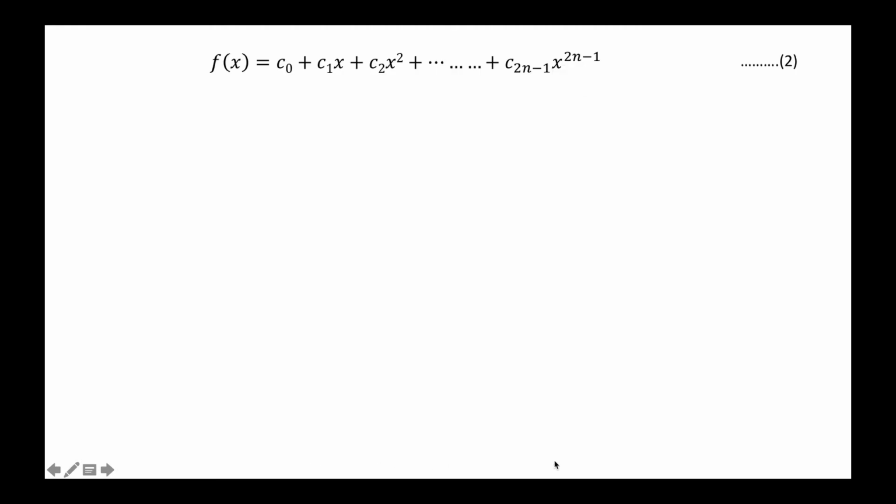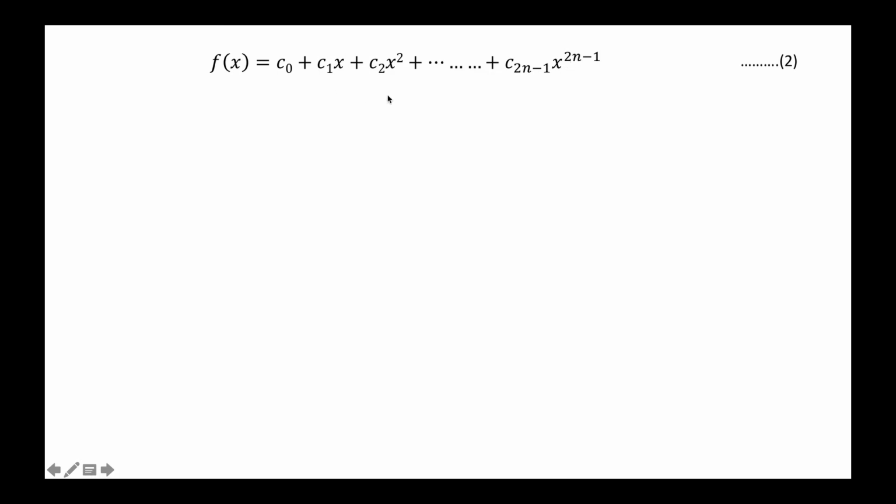So we consider f(x) to be a polynomial of order 2n minus 1, starting from c0 as the first term, then c1 x, plus c2 x square, and so on up to c(2n-1) x raised to the power 2n minus 1.